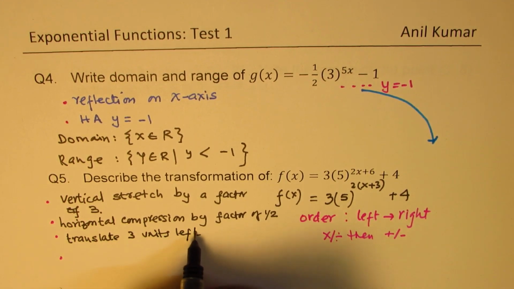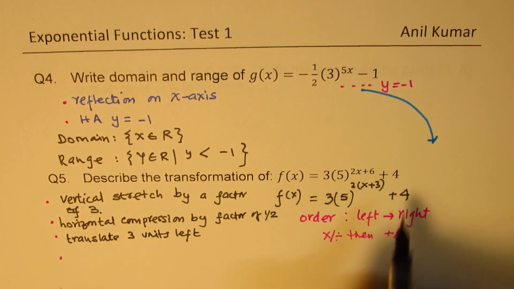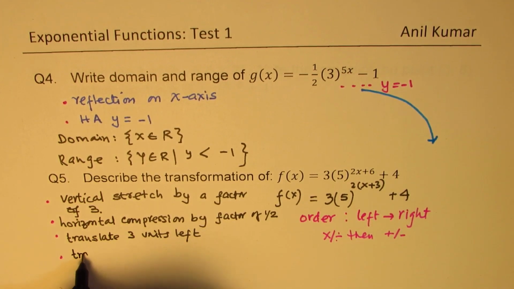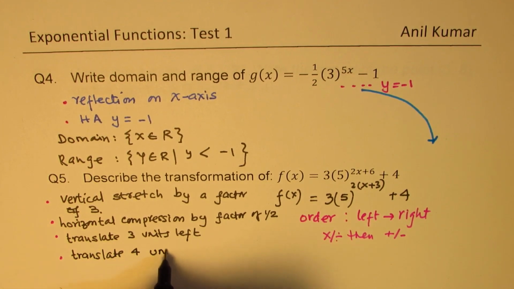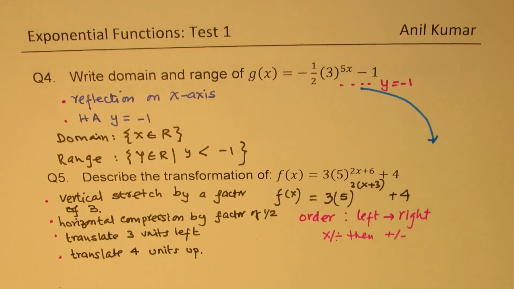Left, not 6, okay, and that means 4 units up, right? So we have translate 4 units up. So I hope that is absolutely clear, right?